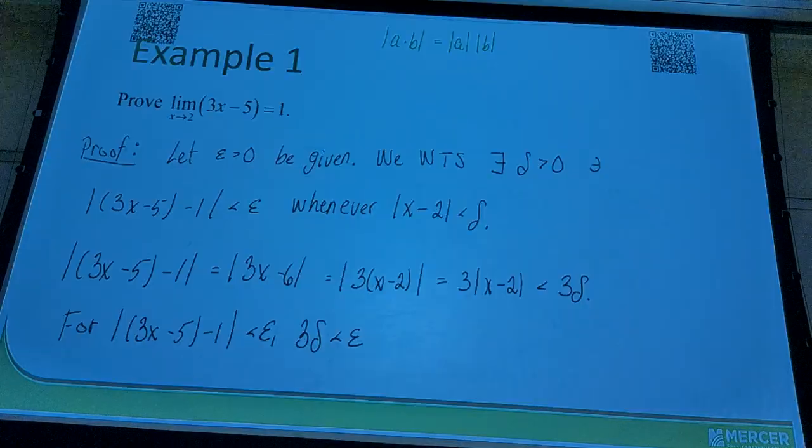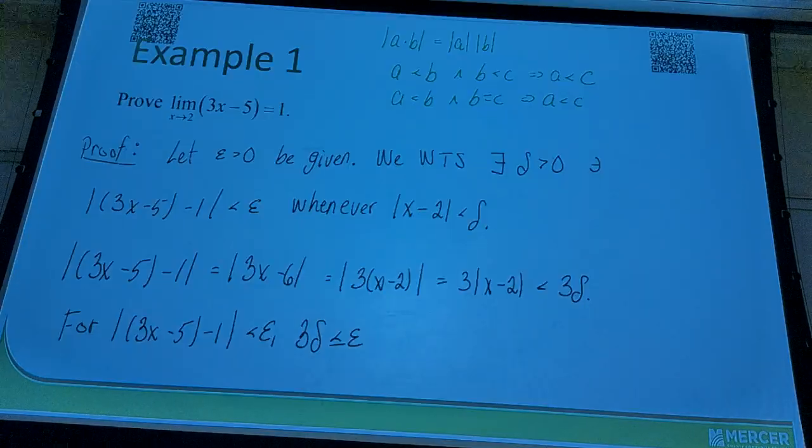For our desired absolute value to be less than epsilon, 3 delta has to be less than or equal to epsilon. If A is less than B, B is less than C, that means A is less than C. We also have A less than B and B equals C, so A would have to be less than C as well.